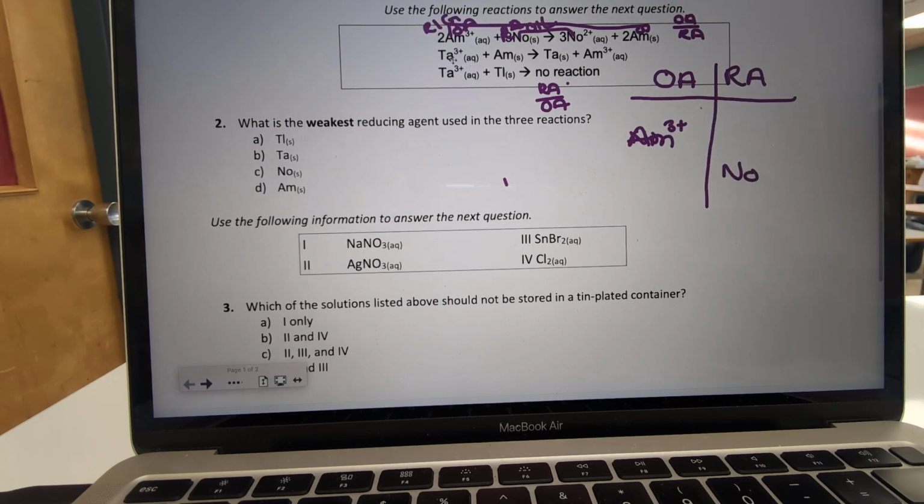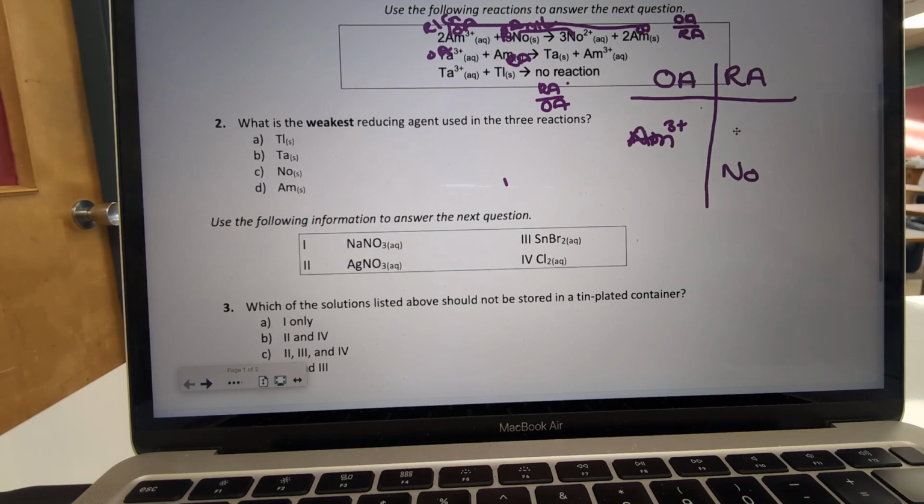Now, if you look at the next one, it's the same kind of setup. Ta3 positive had to gain electrons to become Ta, so that is an OA. Am had to lose electrons to become 3 positive, so that is undergoing oxidation, making this an RA.